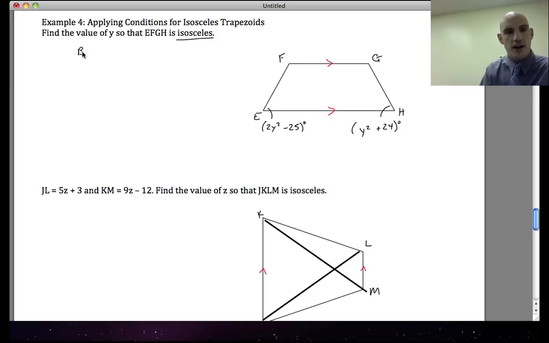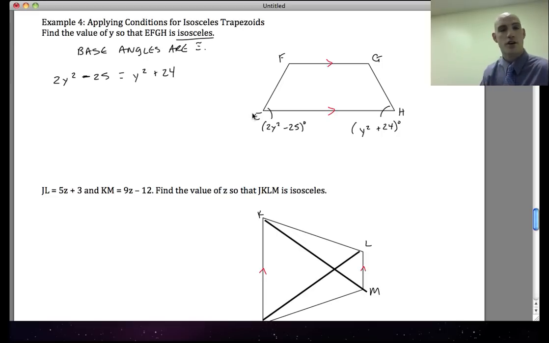So we know that base angles are congruent. Okay? So we're going to set these two equal to one another. So 2y squared minus 25 is equal to y squared plus 24. Base angles are congruent.